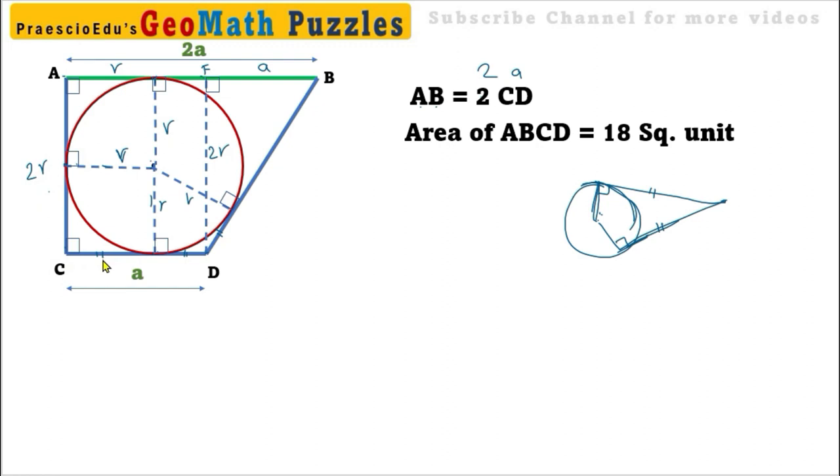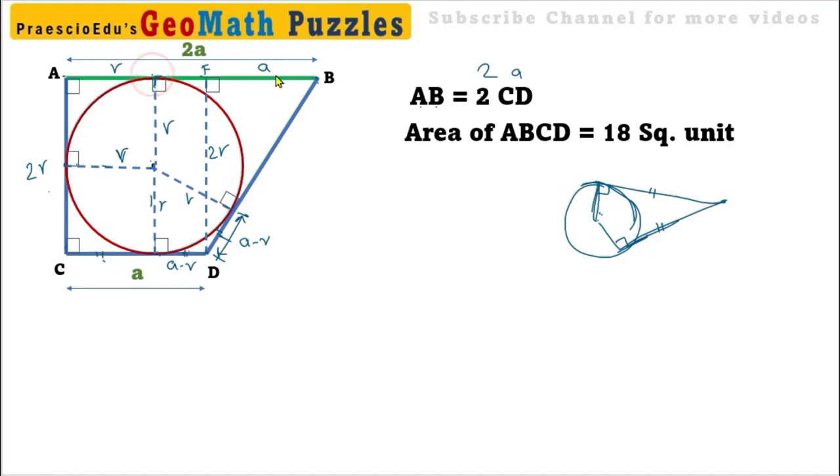So this is R, this is also R, so this is a minus R. As this is also equal, this one comes to a minus R. Now from this point to this one, and from this one to this one, is one point making the tangent right angle at the circle, so both are equal.